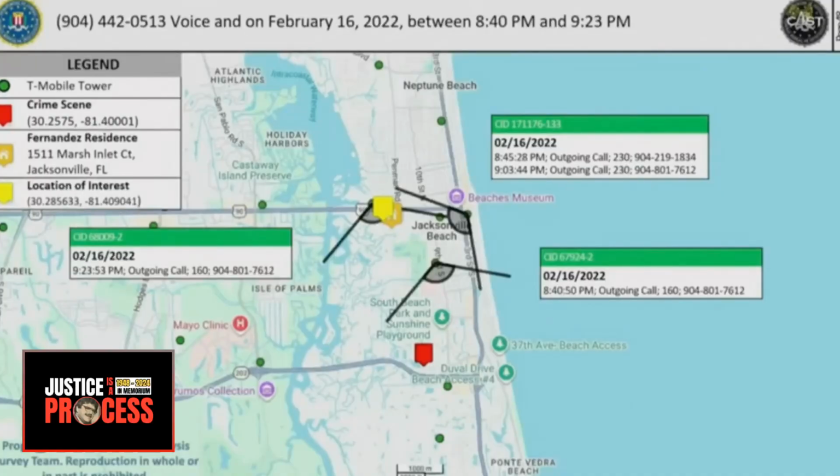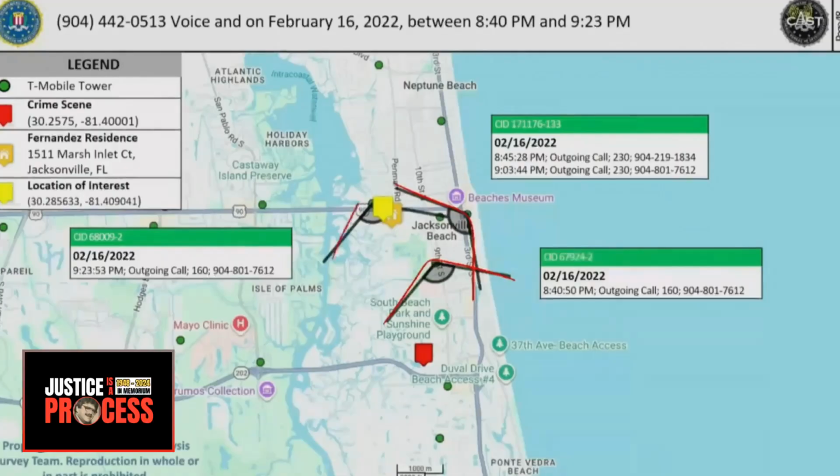So the first activity at 8:40 is the target cell phone using a tower and sector here near the 9th Street sign on the map, facing south towards JTB 3, the tower and sector to the north near the Jacksonville Beach sign on the map, facing to the south and west.